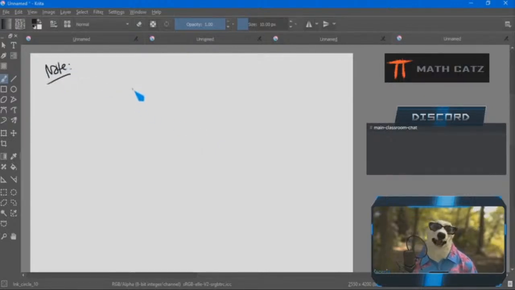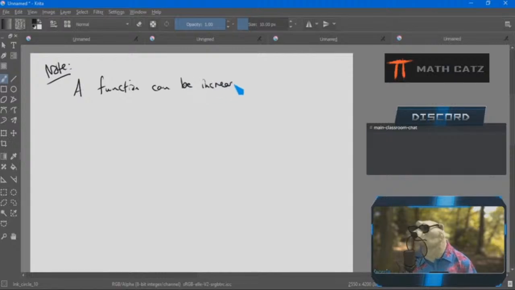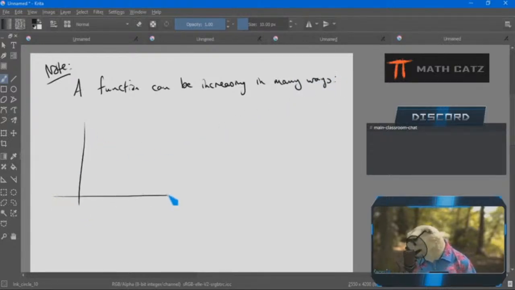If I just stop at increasing, decreasing behavior, notice that I can have many graphs that are, for example, increasing. A function can be increasing in many ways. Let's visualize that. It can be increasing like this.